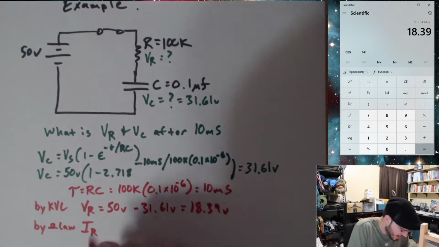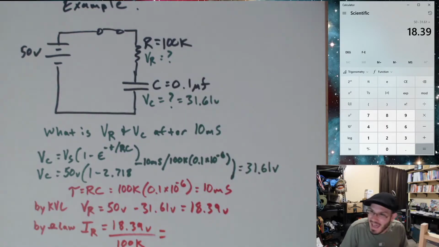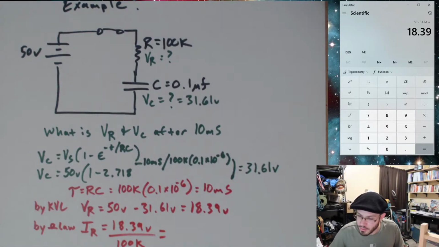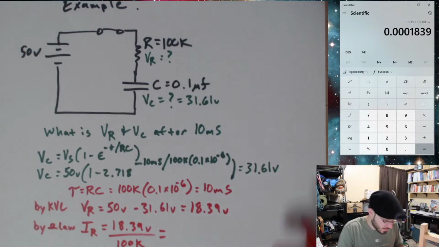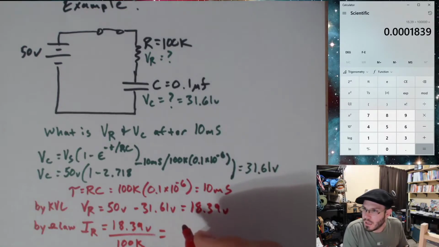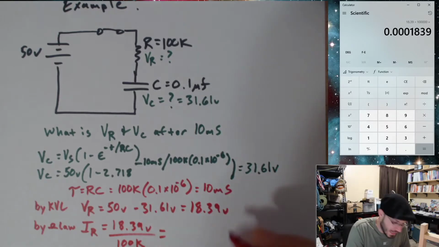That didn't go away. So I sub R should be equal to 18.39 volts divided by 100K. What's that equal to? Well, 18.39 divided by 100,000 for that K gives us 0.184 amps. Sorry, 0.184 milliamps.